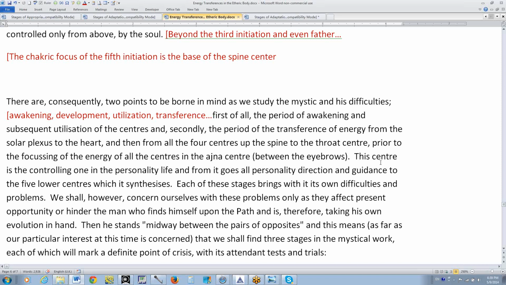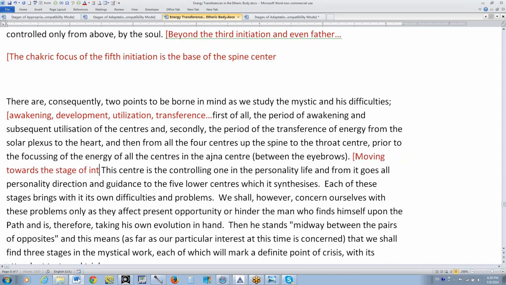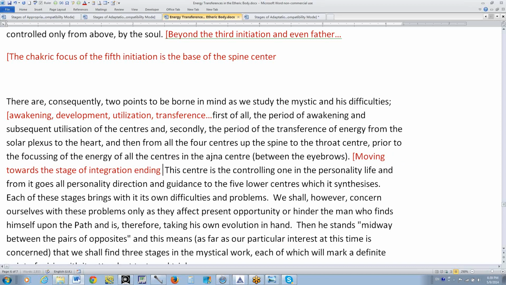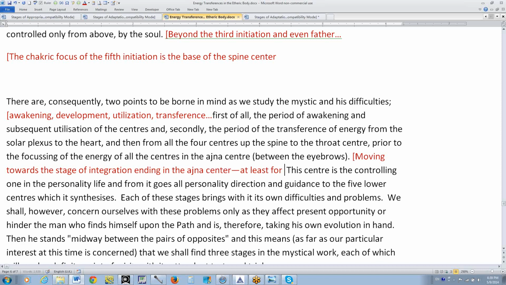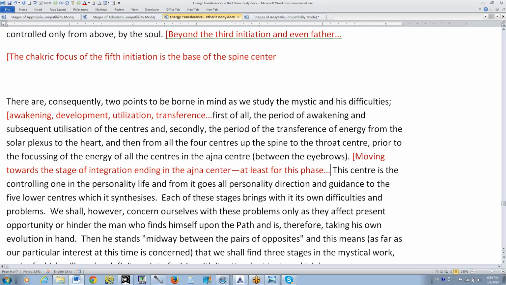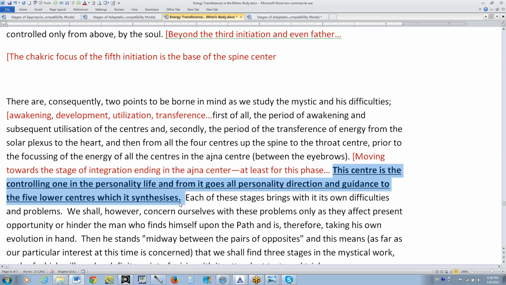So we're moving towards the stage of integration ending in the ajna center, at least for this phase. This center is the controlling one in the personality life, and from it goes all personality direction and guidance to the 5 lower centers which it synthesizes. And by the 5 lower centers, apparently, the heart center has to be included.